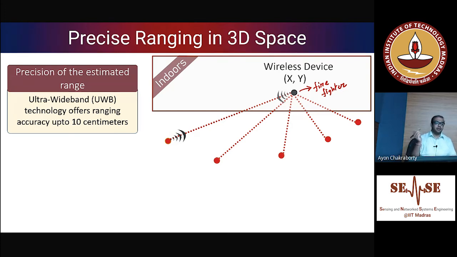I think 15.6 picoseconds was the granularity of the impulse response, which probably translated to something like 4.7 millimeters. And the accuracy, in the experimental data we have seen, is often about 10 centimeters to a few tens of centimeters for ranging. Okay, so what you get here is the range.